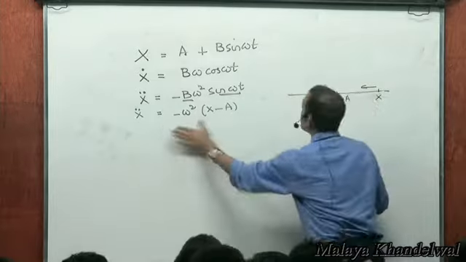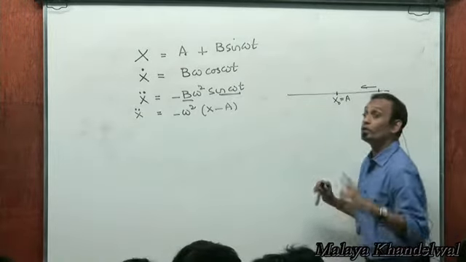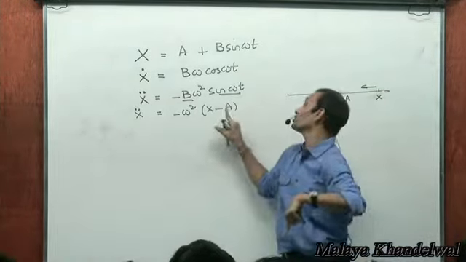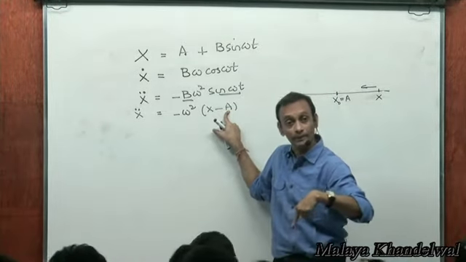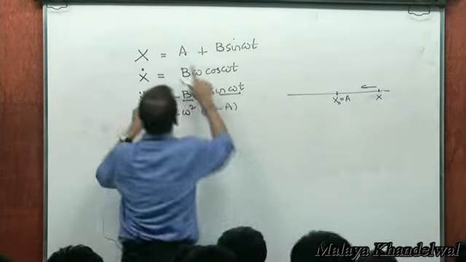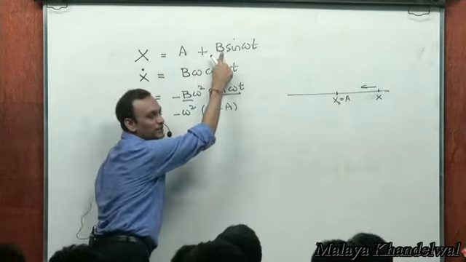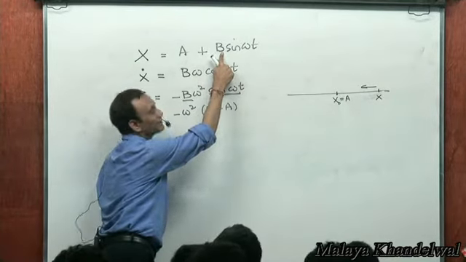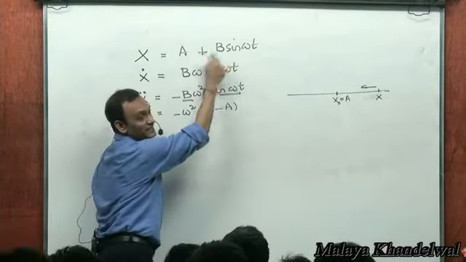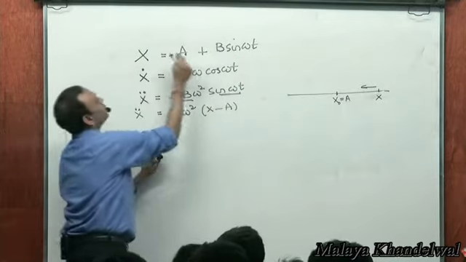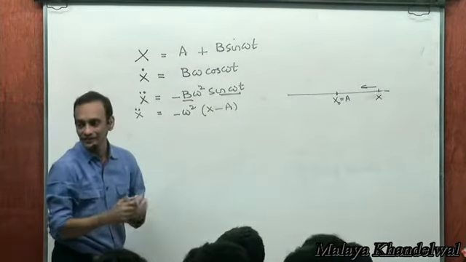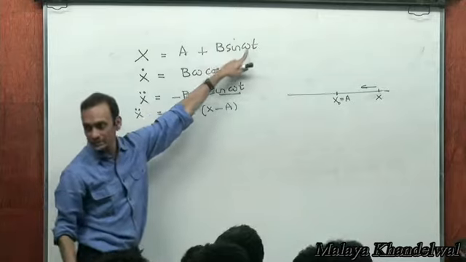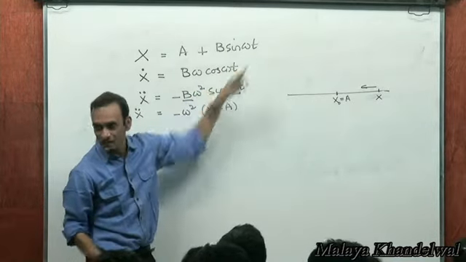So this motion is also simple harmonic with mean position not being x equal to 0 but being x equal to a. Right? The maximum x can be a plus b, isn't it? The minimum value of x will be a minus b. Do you see that? Because maximum sine is plus 1, minimum sine is minus 1.